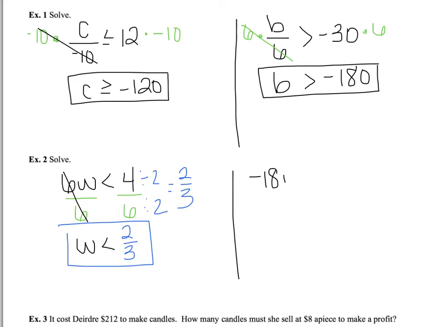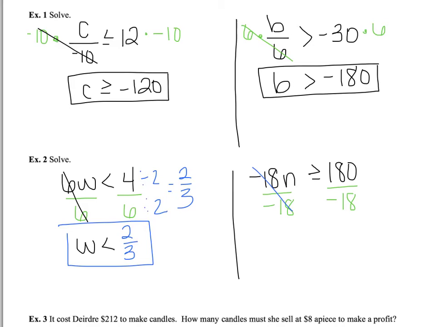I want you to give this next one a shot. It's negative 18n is greater than or equal to 180. Pause the video, try it out on your own, and see how you do. Okay, I have negative 18 and n hugging. That means that they're multiplying. So we need to divide both sides by negative 18.